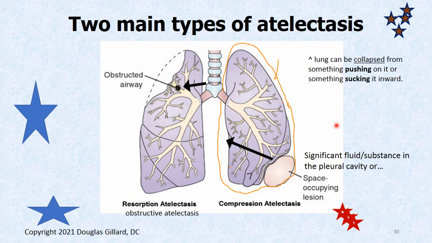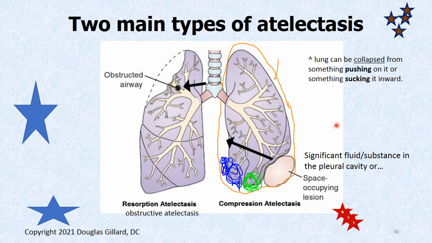Maybe you pop a bleb. People with asthma sometimes rupture their alveoli, and air pours into the pleural cavity, and you can get so much air in here that it actually compresses the lung tissue. You could get an infection in here, and the pus could build up.